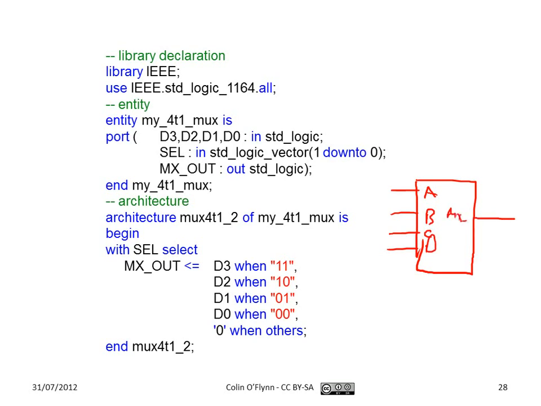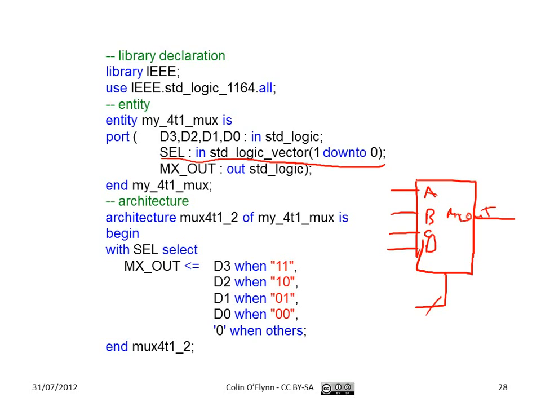And MX out. And then we have the select line. In this case, the select line is actually, you'll notice what they called it, the standard logic vector, which is again a bus. So it's 2 bits, but the 2 bits are written in a way that you just have to reference it as a single variable.